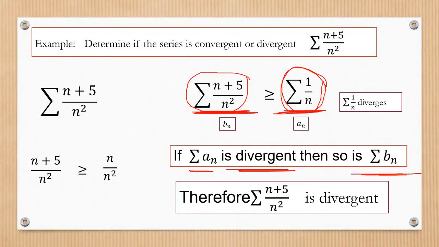So, the series n plus 5 over n squared is divergent.